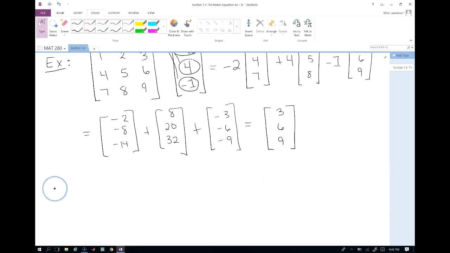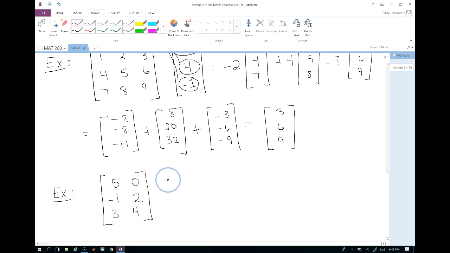I want to do one more quick example where we've got some variables. So this time, let's say we have the vector 5, 0, -1, 2, 3, 4. And we are going to multiply this by, now look at this matrix, it's a 3 by 2. It has 3 rows and 2 columns.